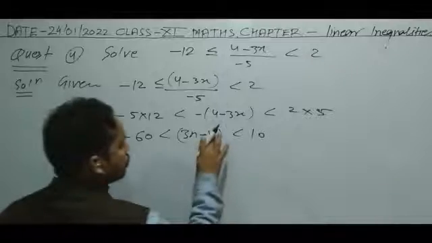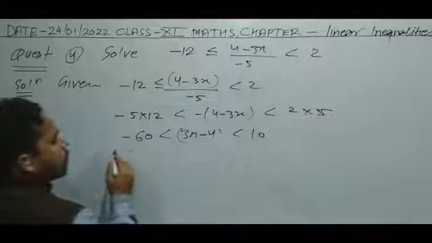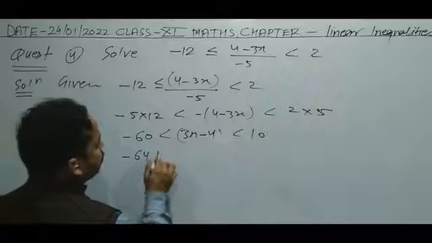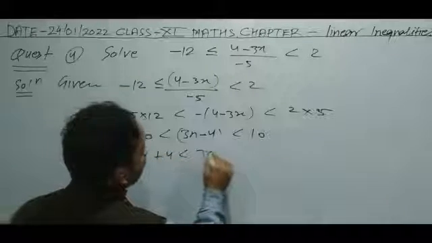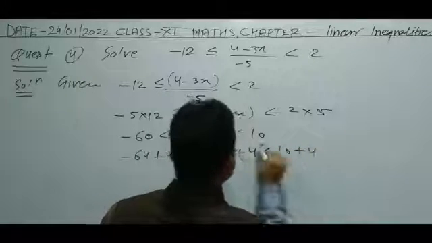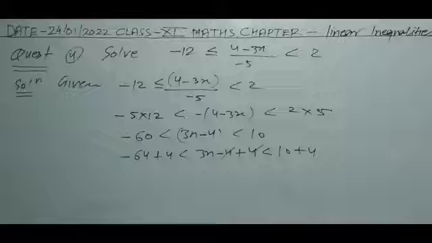So we have to operate plus 4 on both the sides of this inequality. So 3x minus 4 plus 4 is lesser than 10 plus 4, and this will cancel. Now what will be the result?